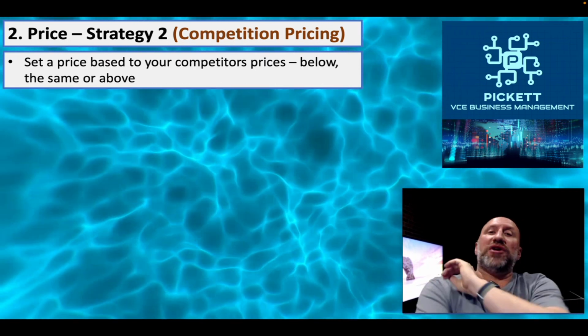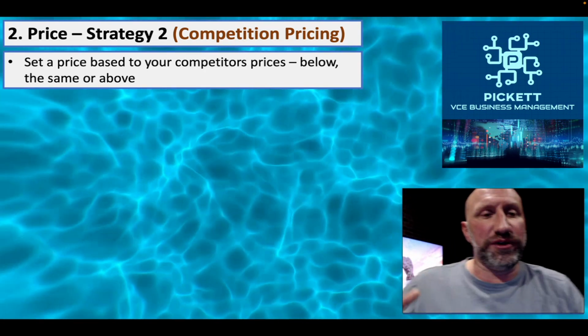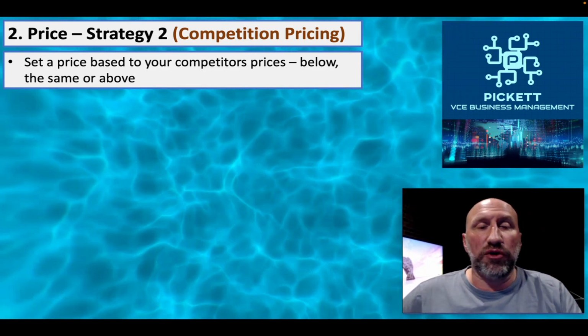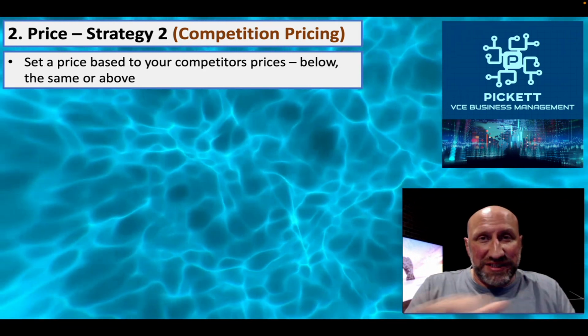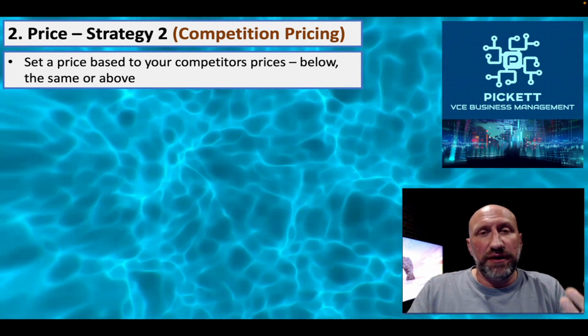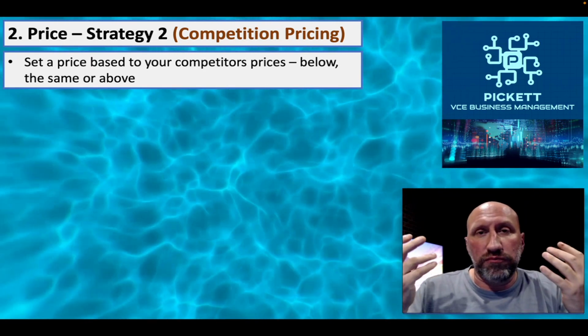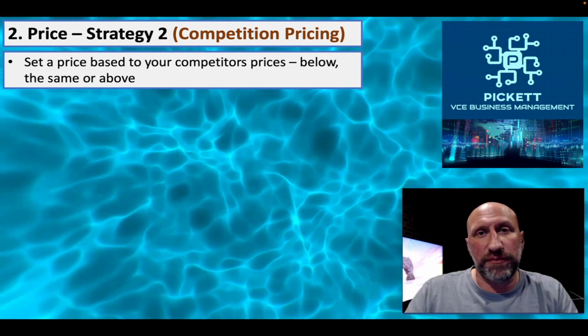Now strategy number 2, competition pricing. Again, this is pretty straightforward. Set a price based on your competitors' prices, either below them, the same, or above. And that's got to be reflected in the perception of quality of your product compared to those competitors.